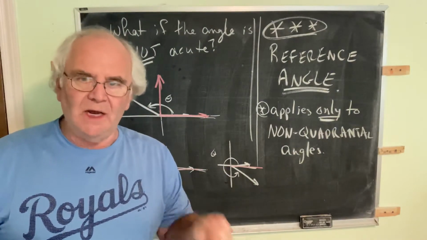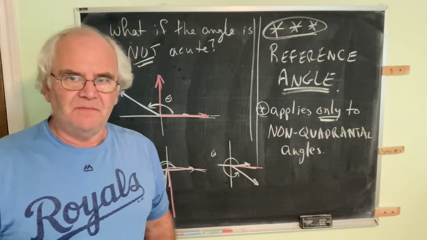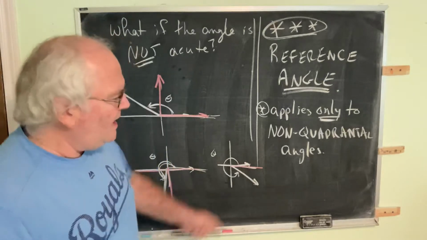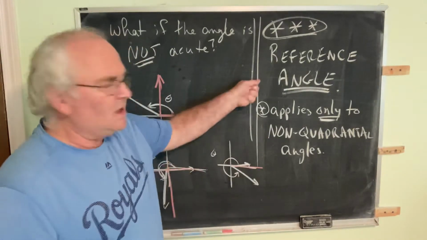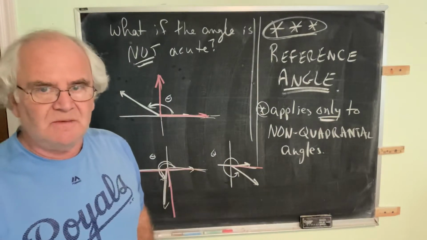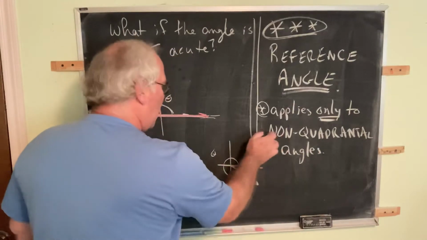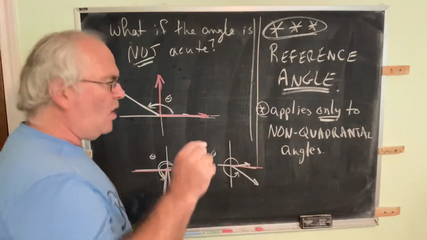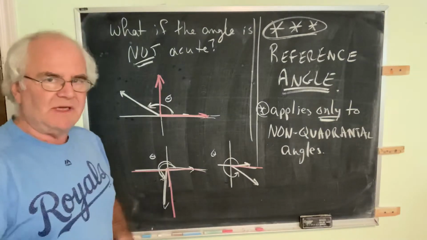Reference angle only applies to non-quadrantal angles. If it's not a quadrantal angle, it doesn't matter what the other properties are. If it's a quadrantal angle, we're not talking about reference angles in the first place. So reference angles apply only to non-quadrantal angles. A quadrantal angle does not have a reference angle.